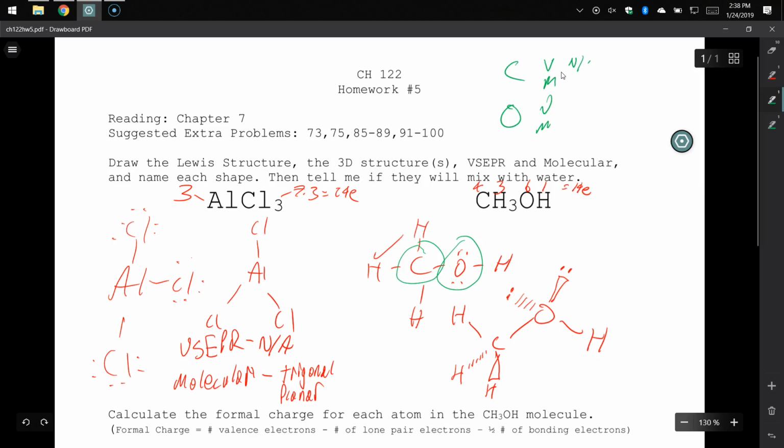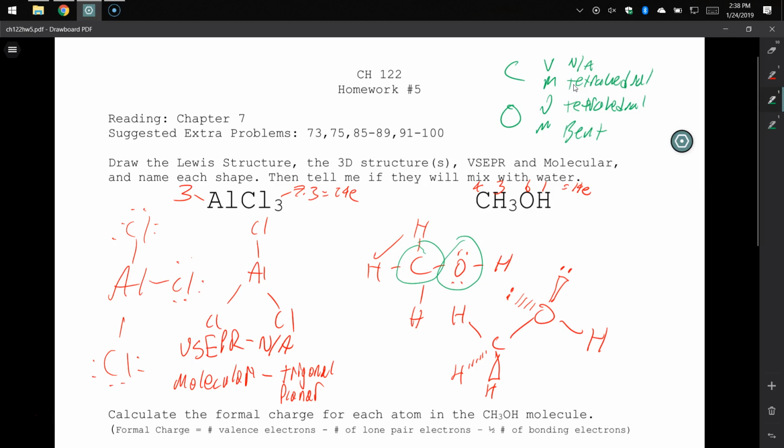There isn't one because there are no lone pairs around the carbon. What's the VSEPR shape around the oxygen? Tetrahedral. What's the molecular shape around the carbon? And the molecular shape around the oxygen? Bent. That's it.